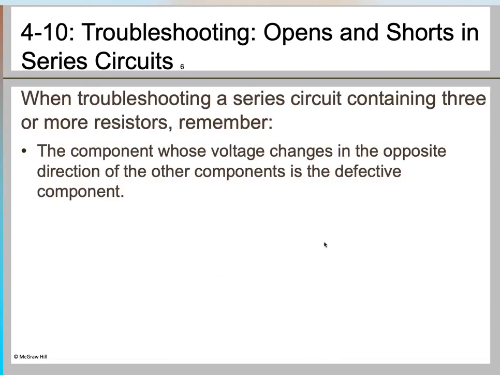When troubleshooting a series circuit containing 3 or more resistors, remember the component whose voltage changes in the opposite direction of the other components is the defective component. So this is the main gist of troubleshooting open or short conditions in a series circuit.